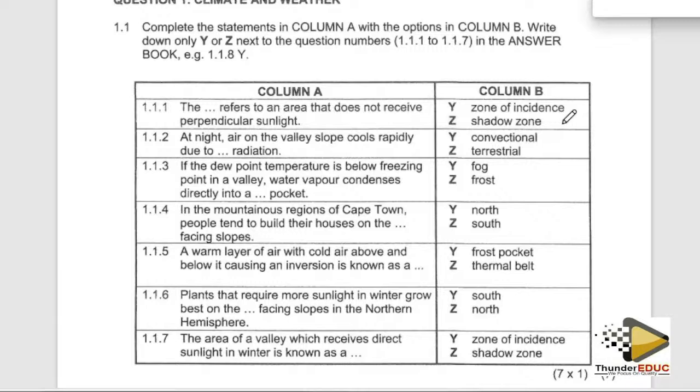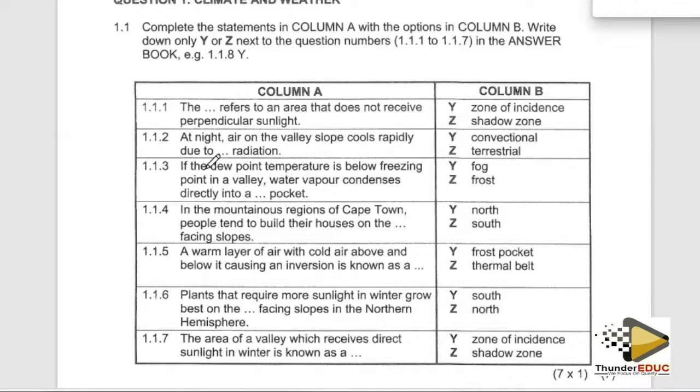1.1 says, complete the statements in column A with the options in column B. Question 1.1.1 says, the dash refers to an area that does not receive perpendicular sunlight.